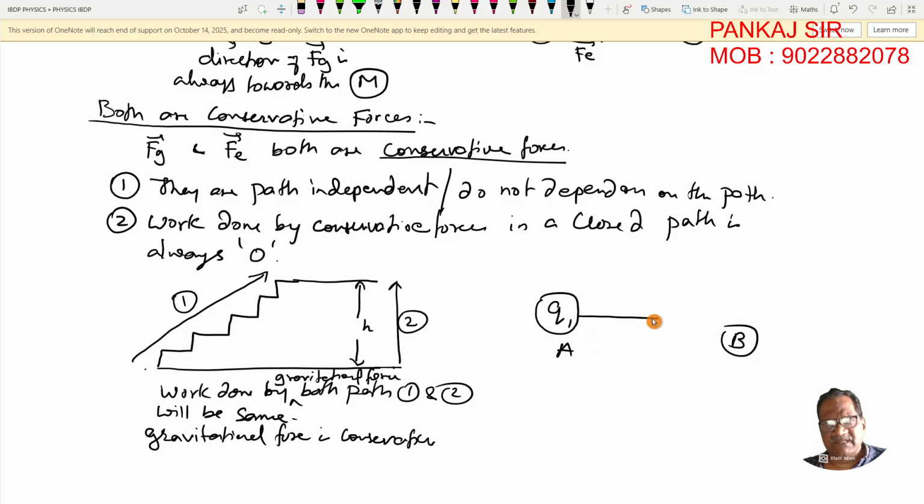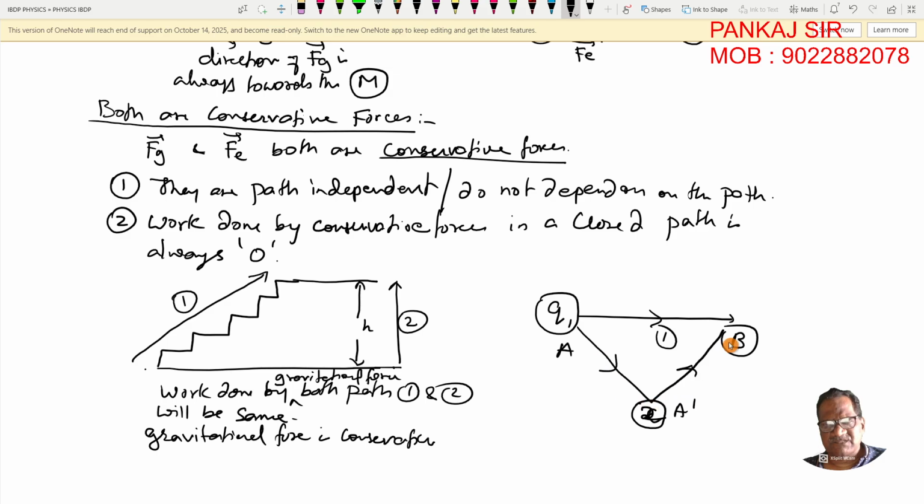Suppose you take it this way, A to B, this is path number 1, or you take it this way, this is path number 2. So either you go from A to B straight along path 1, or you go from A to B along this path, A to A dash and then to B.